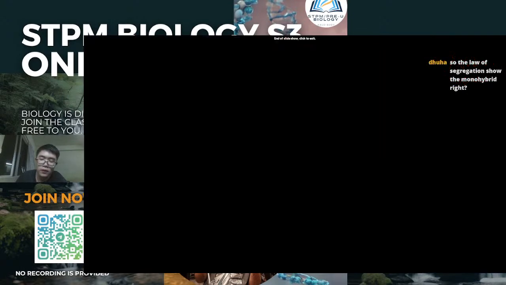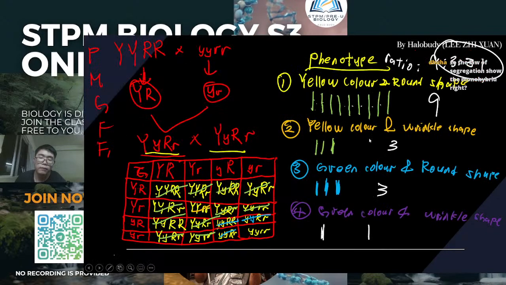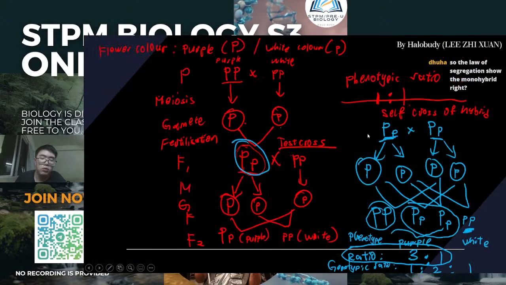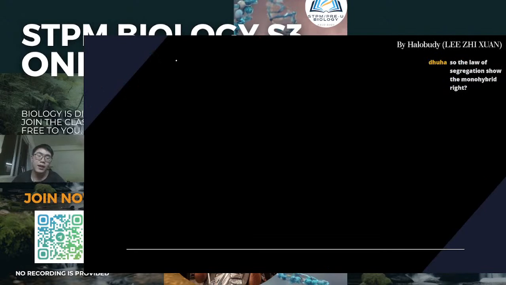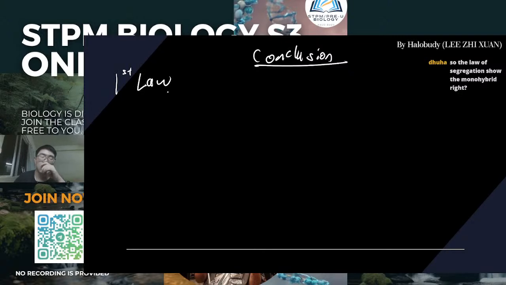So in conclusion, Mendel's first law only involves one characteristic, and the two ratios you will get are 3:1 or 1:1.